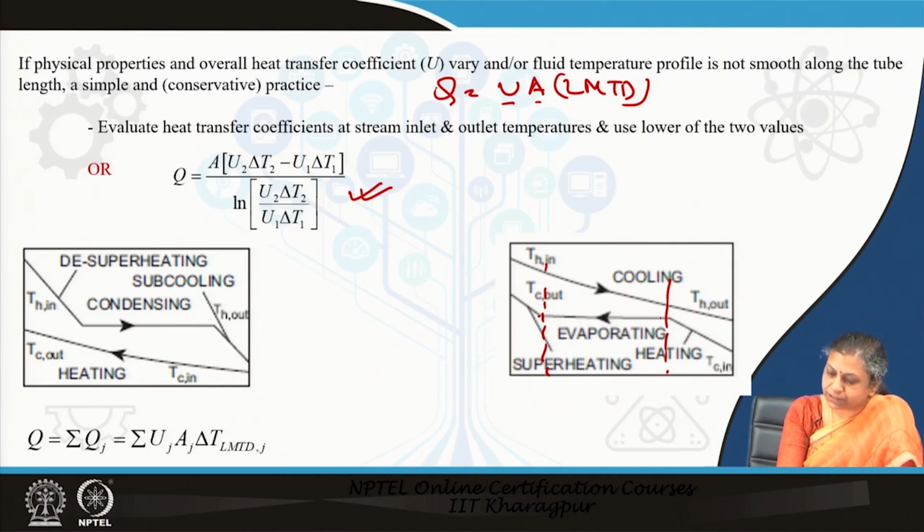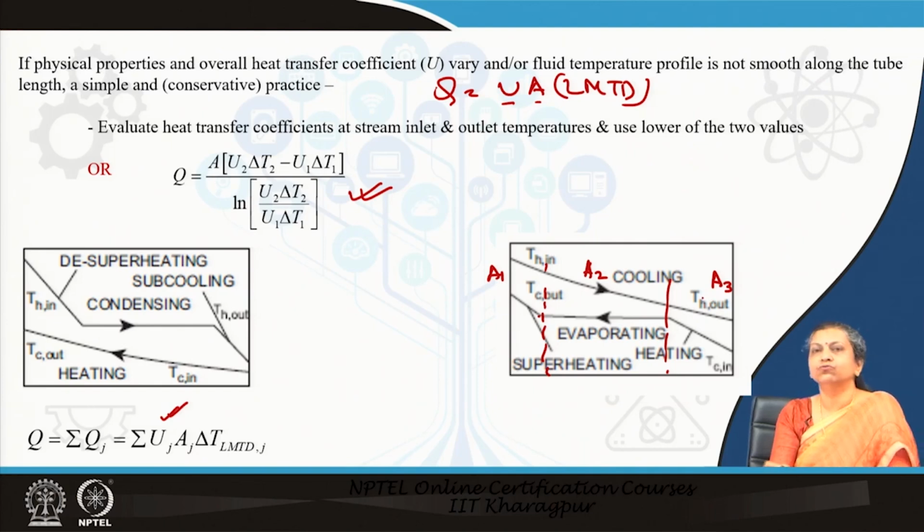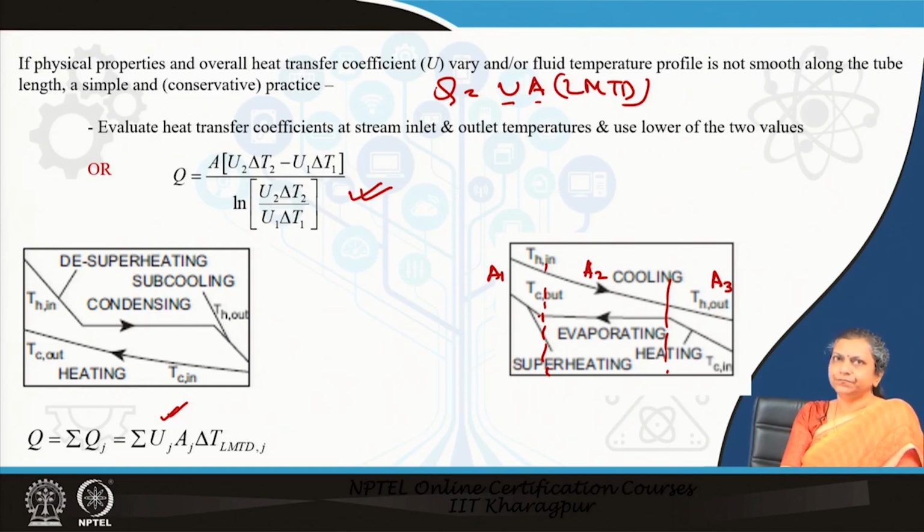Once you have evaluated delta T LMTD, you calculate u for this case, you can find out the area under this condition. Same way you can find out the area here. Add up all the areas, then you can get the total heat transfer area that will be required in order to bring about this particular change.